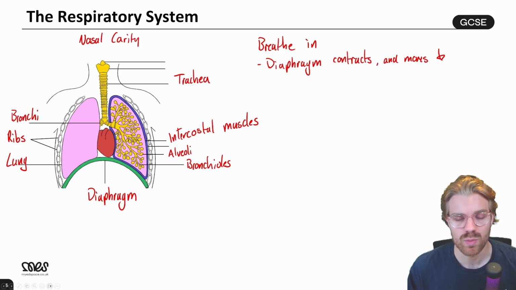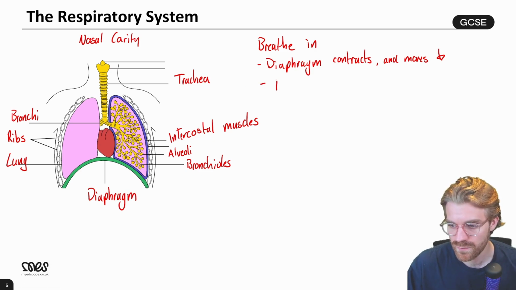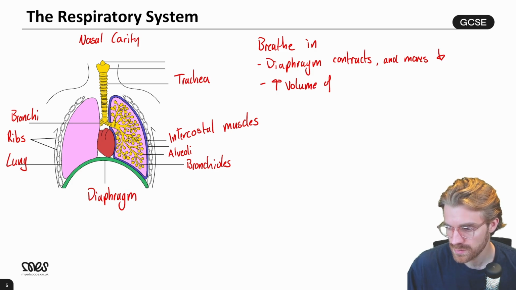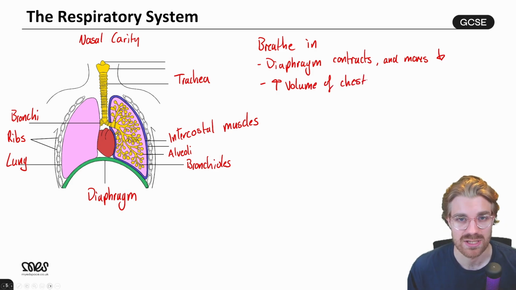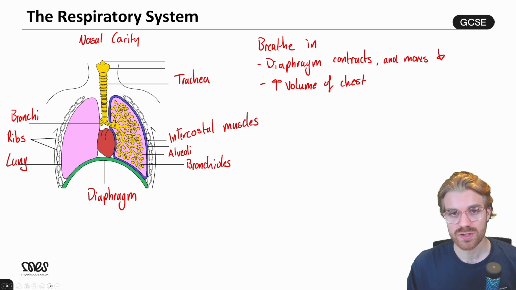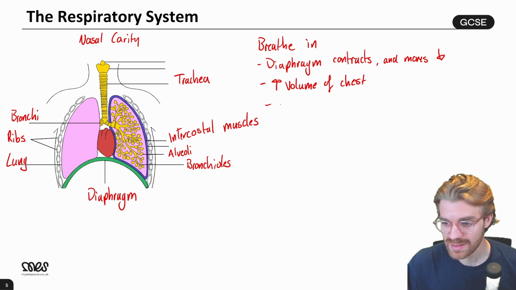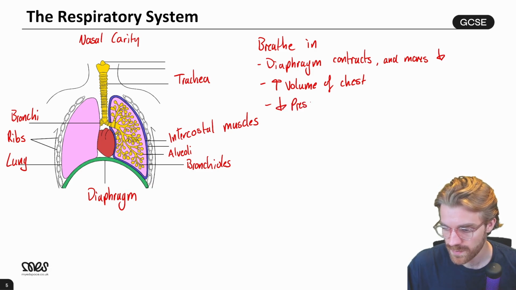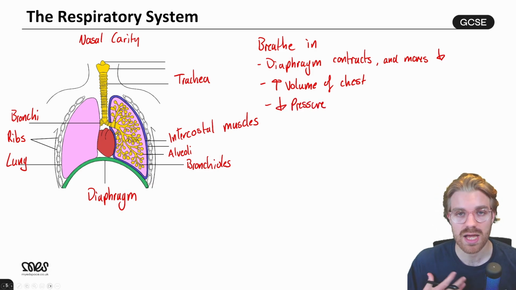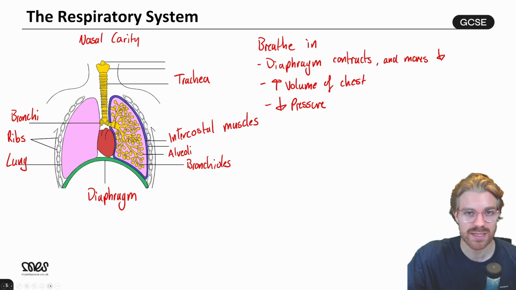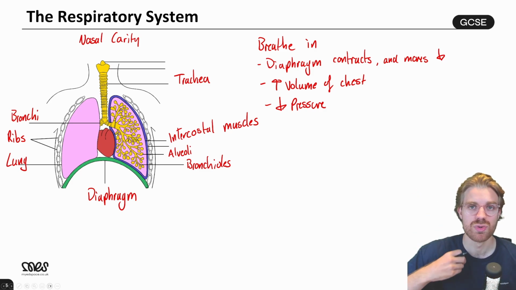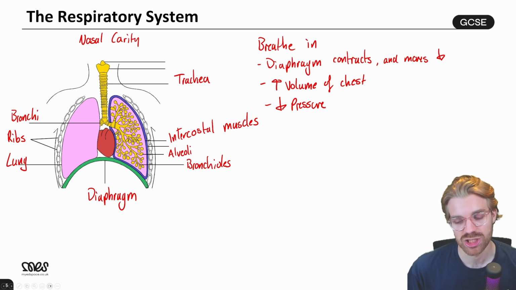And when it moves downwards, that's going to increase the volume of the chest, or what we might refer to as the thoracic cavity, or maybe the volume of the lungs, we could say as well. If we increase the volume, that is going to decrease the pressure. And if the pressure in the lungs is less than the pressure outside in the atmosphere, the air is going to move in down that pressure gradient.